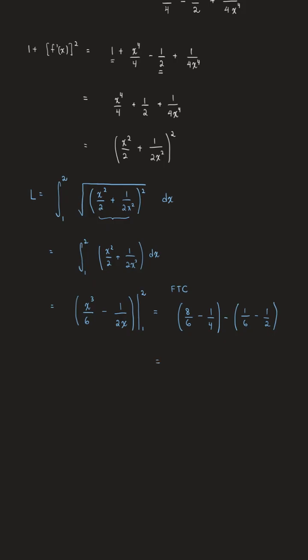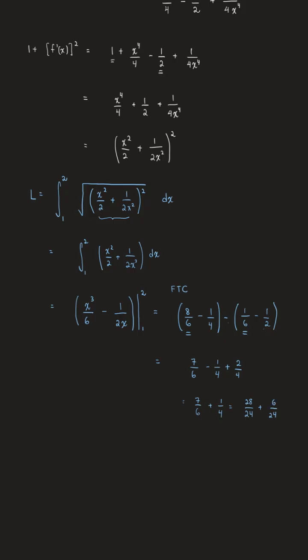So I can combine this: 8/6 minus 1/6 is 7/6, minus 1/4 plus 2/4, because minus a negative 1/2 is plus 2/4, so that gives me 7/6 plus 1/4. And if I get a common denominator here, I have 28 over 24 plus 6 over 24.